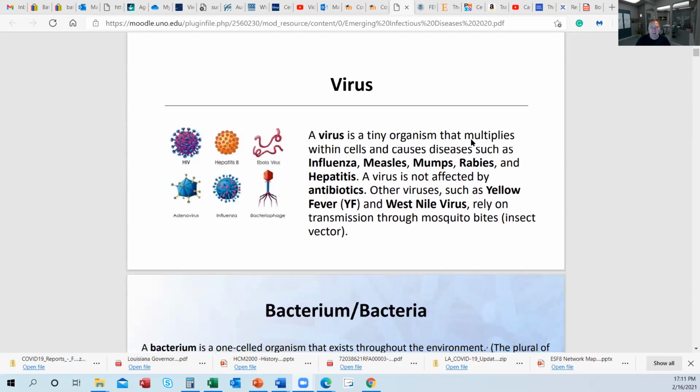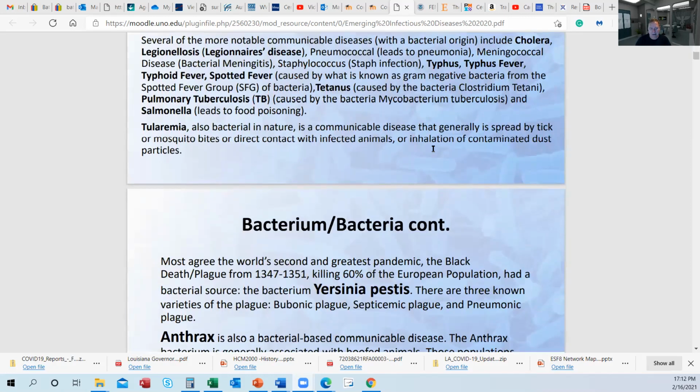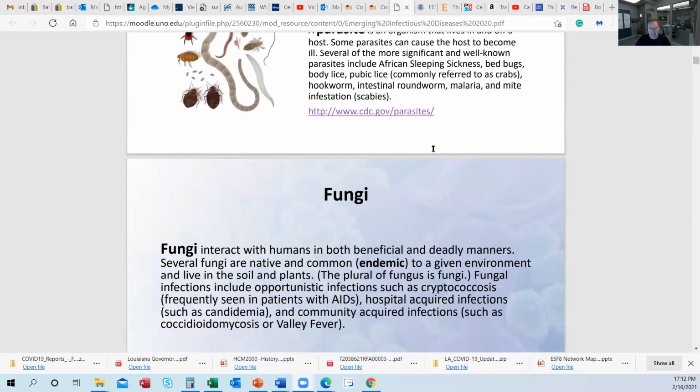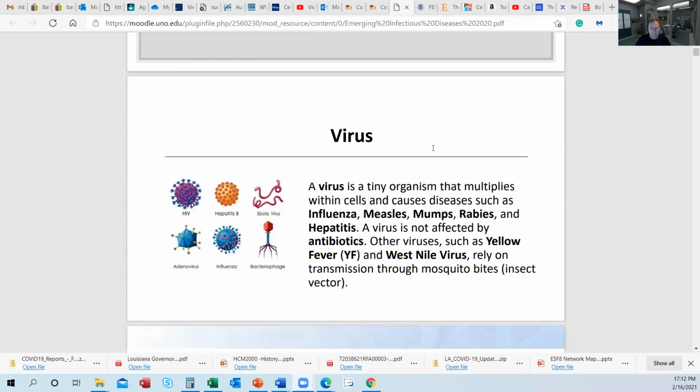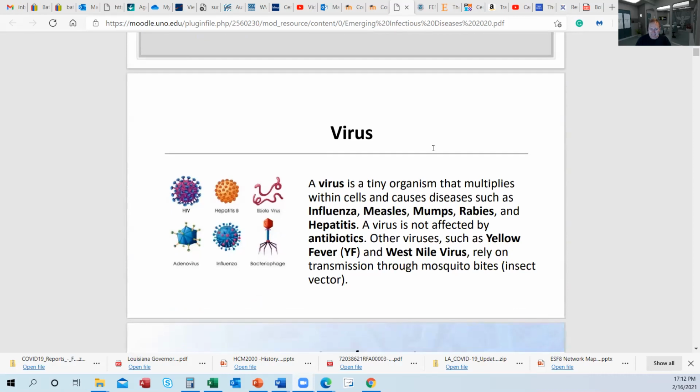So we really want to talk about the four types of infectious agents, from a virus to a bacterium to a parasite to a fungus. So let's go back to a virus. Really tiny organism.